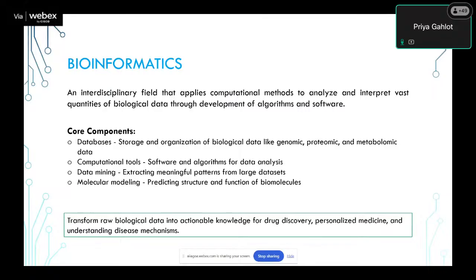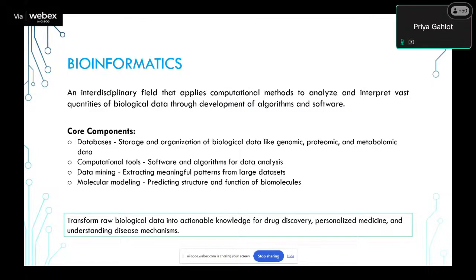There are certain computational tools available, like software and algorithms. Using those, we can analyze our data. There is data mining, where from large biological data sets we can extract meaningful analysis. We can also do molecular modeling, where we can predict structures and functions of biomolecules, protein structures, and other things.